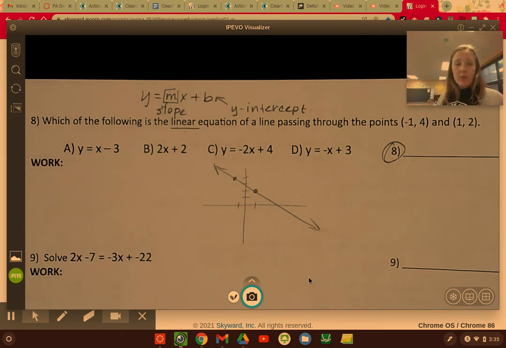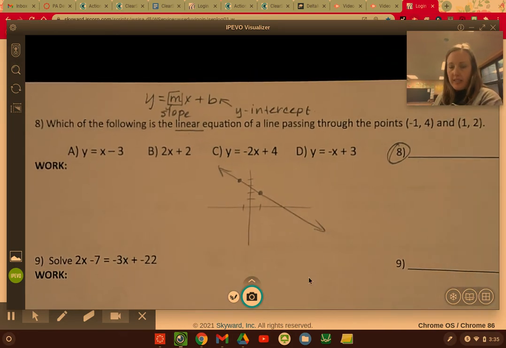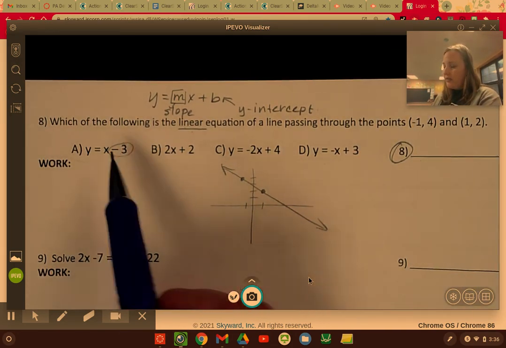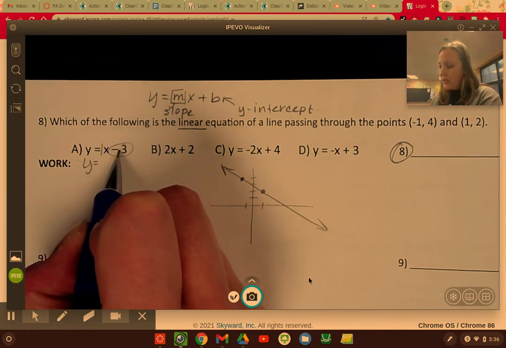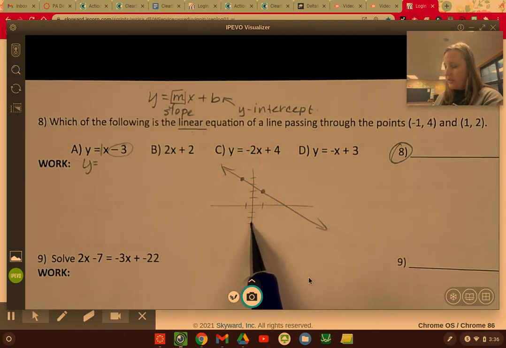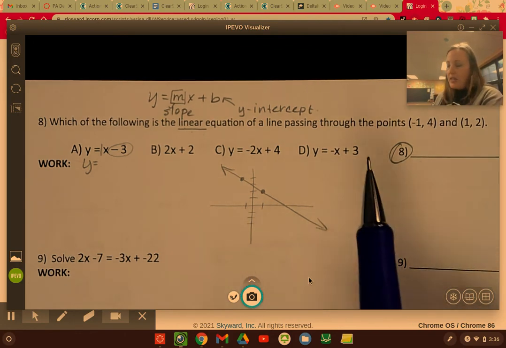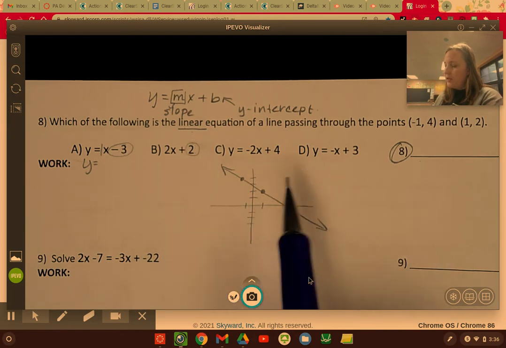Well, you can kind of rule some things out. Does this line look like it crosses at -3? In other words, this is y equals mx plus b. The y-intercept here is -3. That'd be down here, wouldn't it? No, it's not happening. Now, just looking at this one, does it look like it could be a +2?